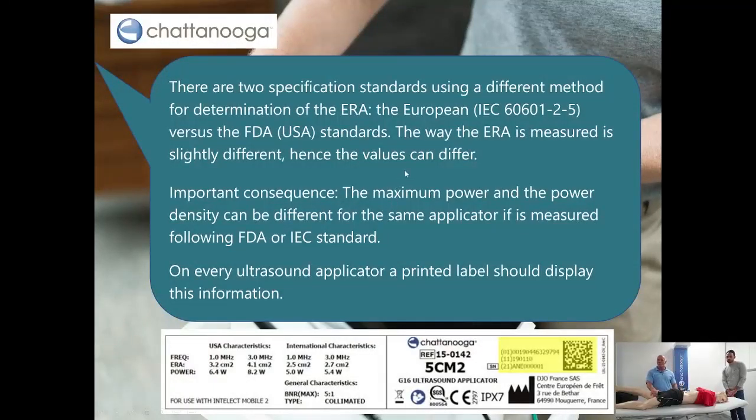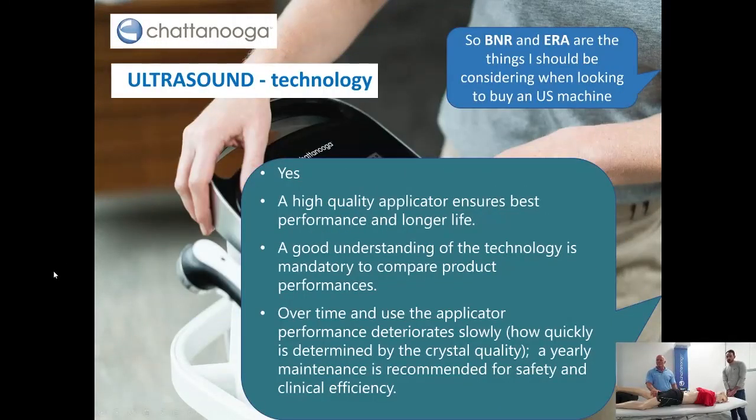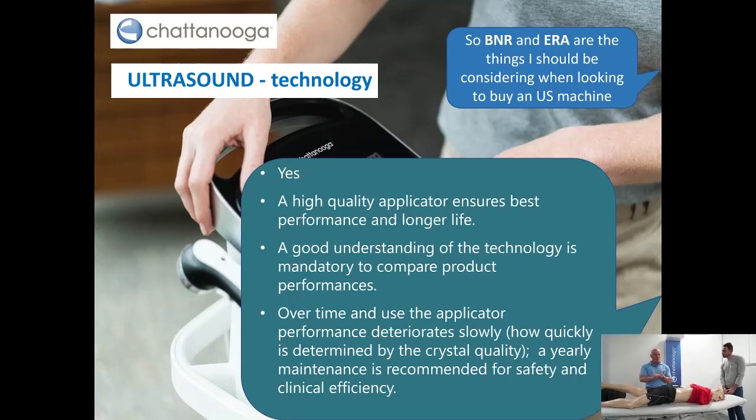So the BNR and ERA are things that I should be considering when looking at my ultrasound machine. Yeah, absolutely. And so we're looking for a high quality applicator that ensures best performance and longer life of the machine. So yeah, look, you might pay a bit more up front, but it's going to last a lot longer over the period of its lifetime.